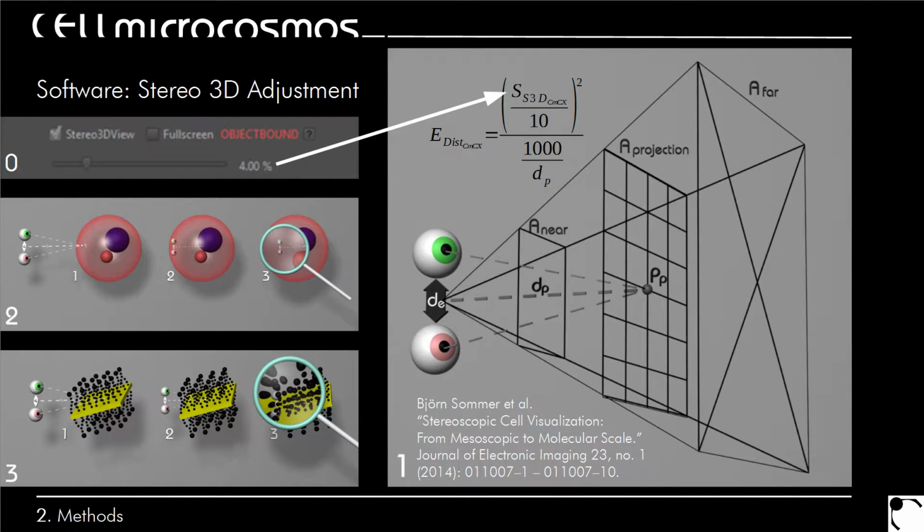So first of all, we have here a default value. So this you can just optimize for your eyes, the eye distance. And these are actually graphics published in 2014. So we have here a specific formula, and this formula we are using to change the eye distance. Why do we need to change the eye distance? In a normal 3D environment, through a normal virtual world, you normally don't have to optimize the eye distance. But we are doing cell visualization, and the problem in cell visualization is, this here, for example, represents a cell membrane.